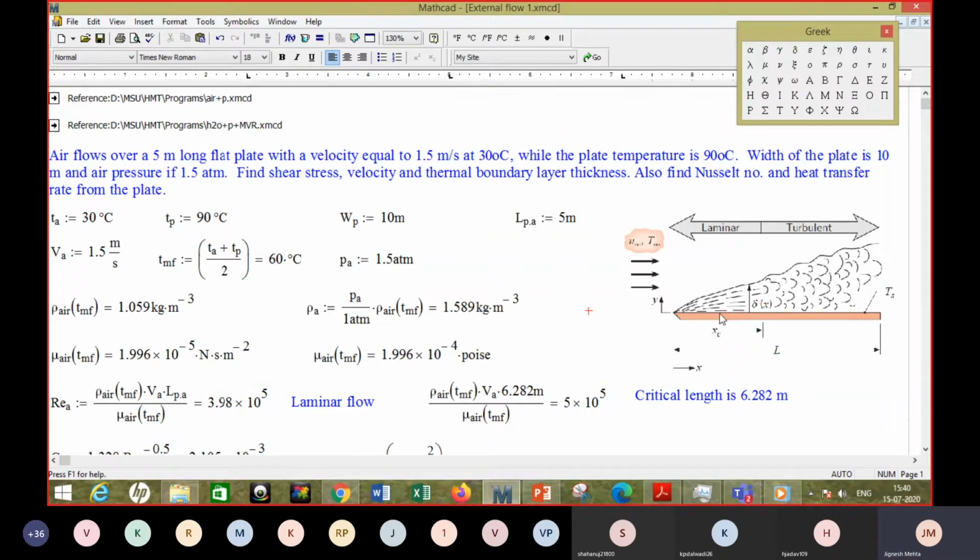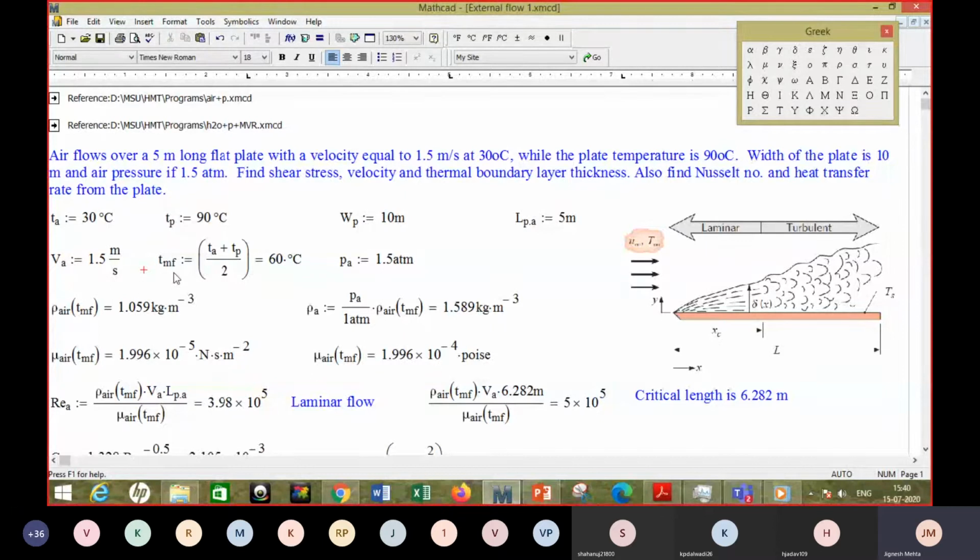The width of the plate given is 10 meters, and the length of the plate I am taking as 5 meters. Now, the velocity u infinity, I have written it as V A. You may write it as V infinity or u infinity, or it's written as capital V A here. That is 1.5 meters per second.